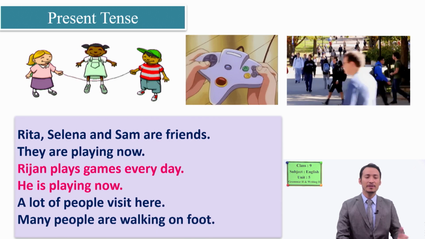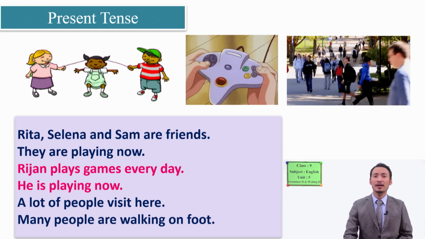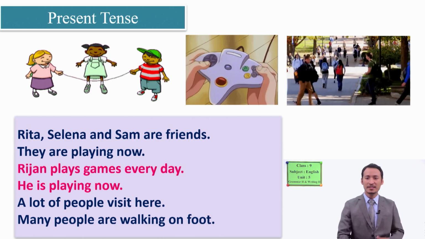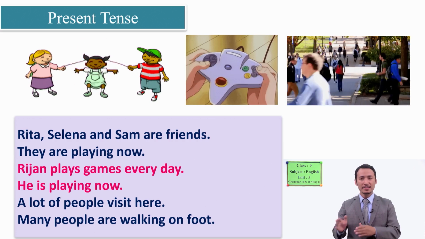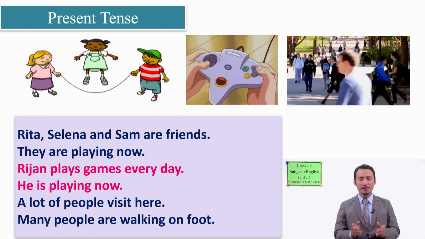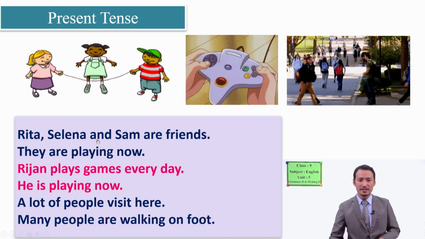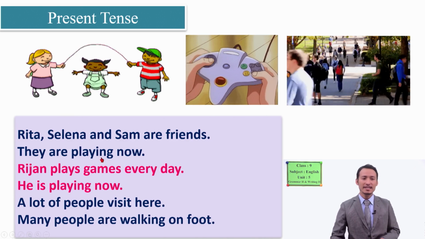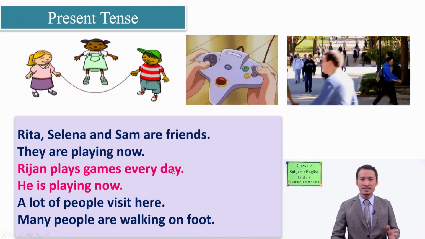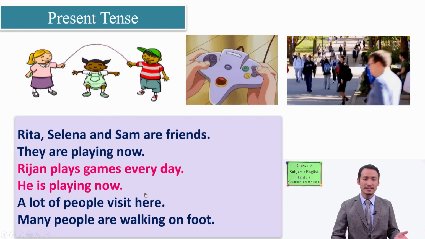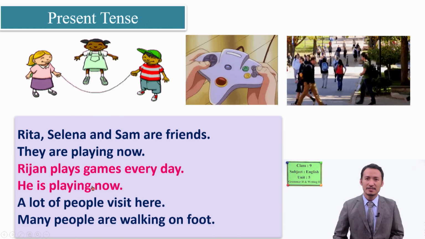Now we have a sentence like many people are walking on foot. So this tells that something is going on there. So people are walking in the third picture. So here we have simple present tense in the first sentence, followed by present continuous tense.